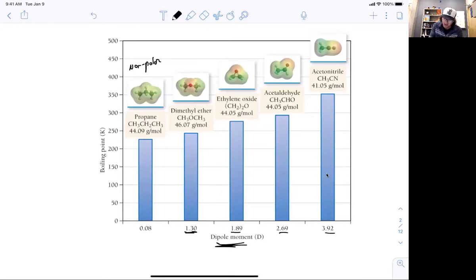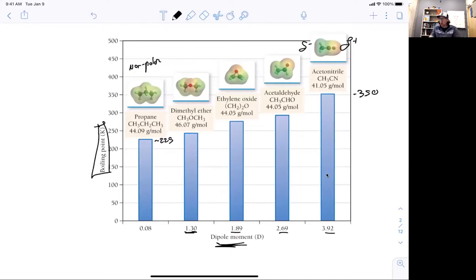Acetonitrile has the biggest dipole moment. It has the largest delta plus and the largest delta minus over here. And they're comparing the boiling point in Kelvin. We go from about 225 to about 350. So 350, that's like 80 Celsius, and 225, that's like negative 50 Celsius.